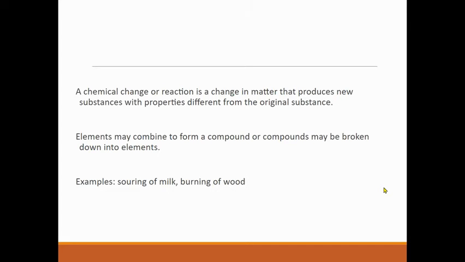A chemical change or reaction is a change in matter that produces new substances with properties different from the original substance. Elements may combine to form a compound, or compounds may be broken down into elements. Examples of a chemical change would be souring milk, burning wood.